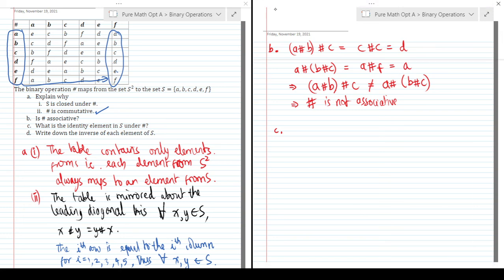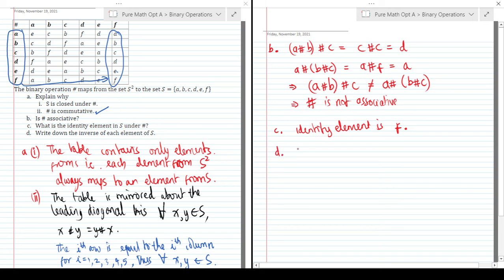Not because we have an element called E does it mean it's automatically the identity. So here the identity element is F. Why? Because anything from the set star F gives you back the same thing. We don't need to say more than that, because they just said what is the identity.